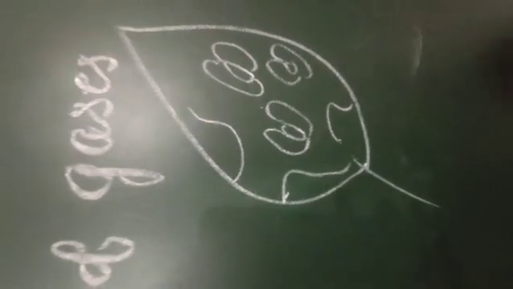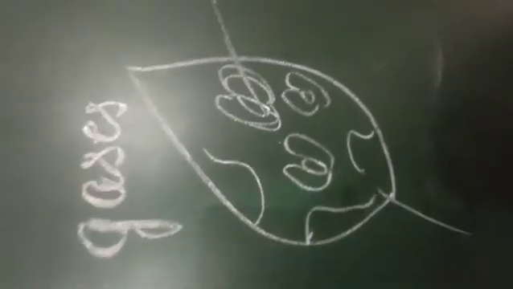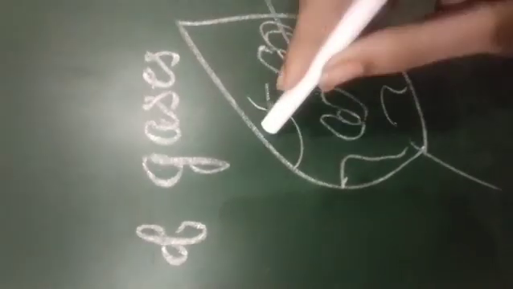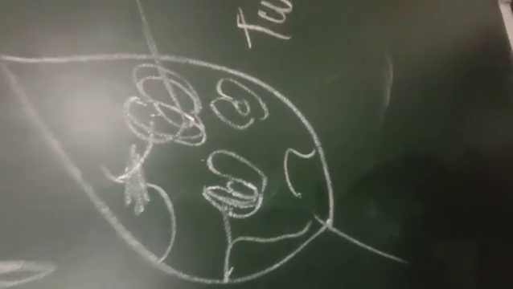So in a leaf, the guard cells around a stomata are visible to all, and when the surrounding cells give water to the guard cells, they become turgid. Especially in day and night. I hope this is clear to all.